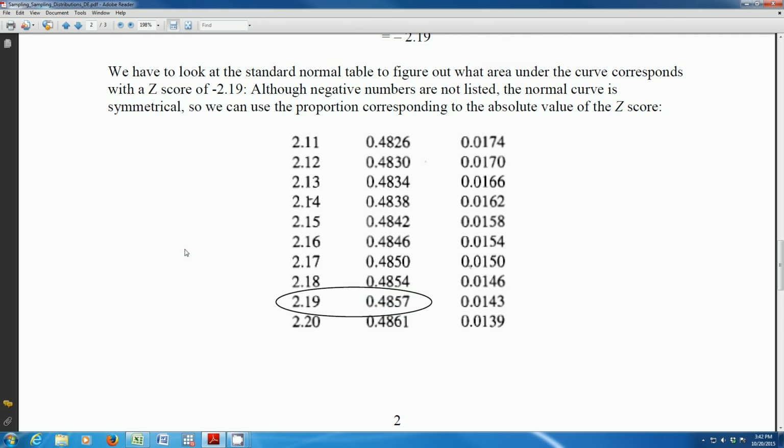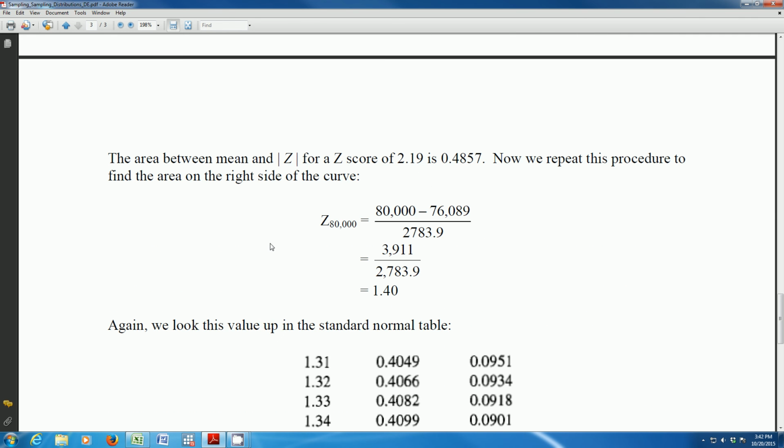What about the other side, 80,000? We can do the same thing. We take 80,000, subtract the true population mean, 76,089, and divide by the standard error of the mean, 2,783.9. When we do the arithmetic, we get a value of 1.40, which tells us that 80,000 is 1.4 standard errors above the mean.